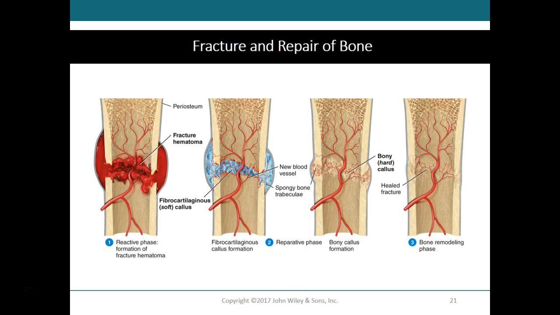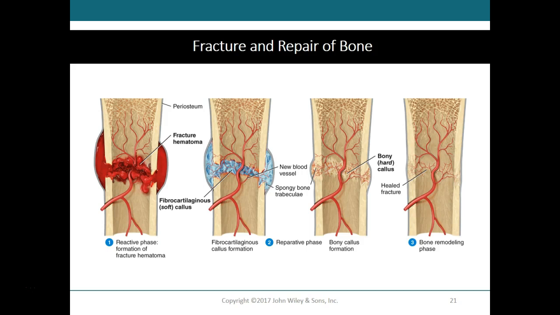Now the second part of the reparative phase is when we're going to take that fibrocartilage and create bone instead. So in areas closest to the well vascularized or the healthy bone tissue, we're going to have new bone stem cells, those osteoprogenitor cells, develop into osteoblasts. Remember, your blasts are your builders.